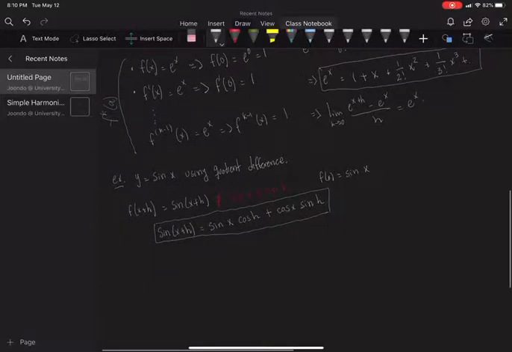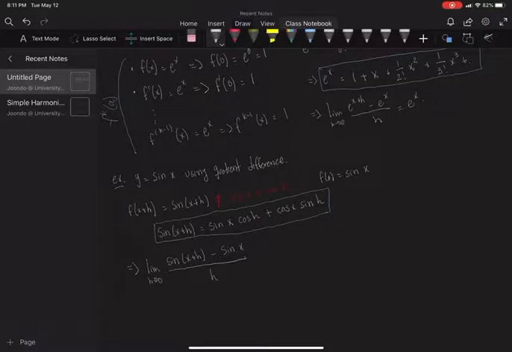So, the limit as h tends to 0 of sine of x plus h minus sine x over h.